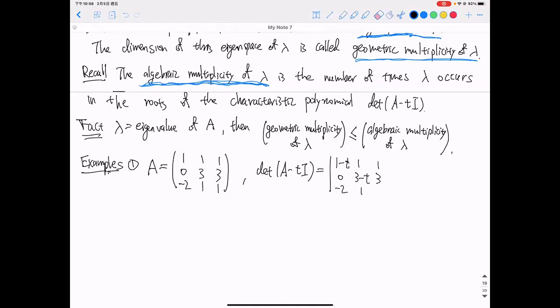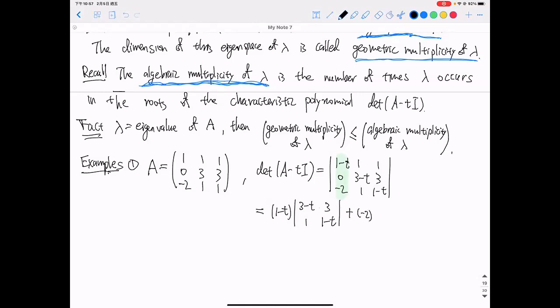But we have to expand this, right? We might have done this before already, but I don't know where the details were written, so we just do it again. So we expand along the first column. The benefit of doing that is, of course, that you have one term that's 0.